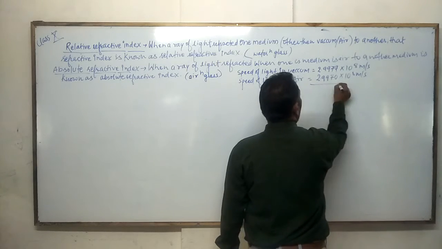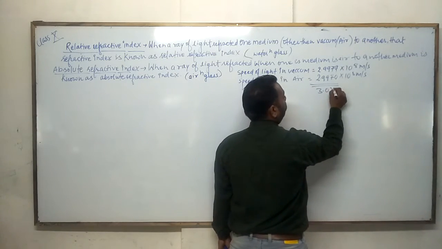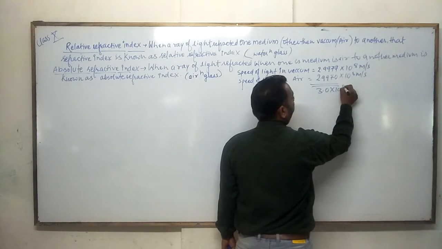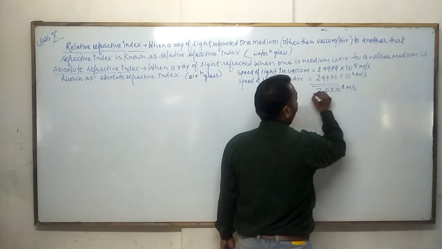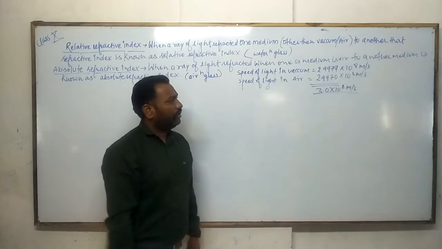Approximately, the speed of light is 3.0 into 10 raised to power 8 meter per second. Okay, like that, speed of light 3 into 10 raised to power 8.